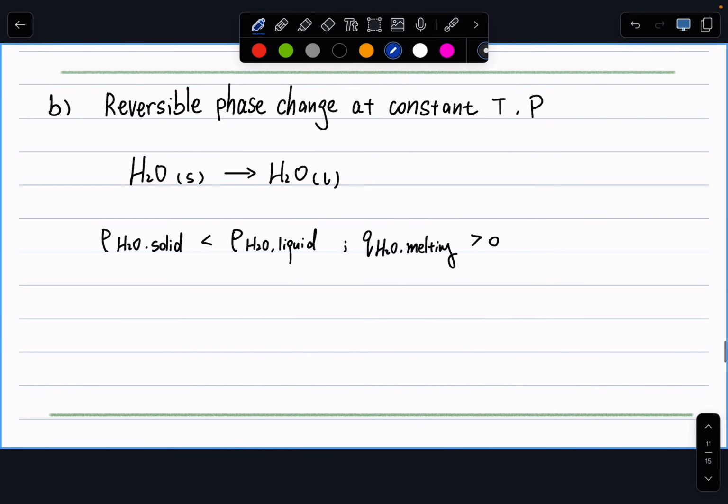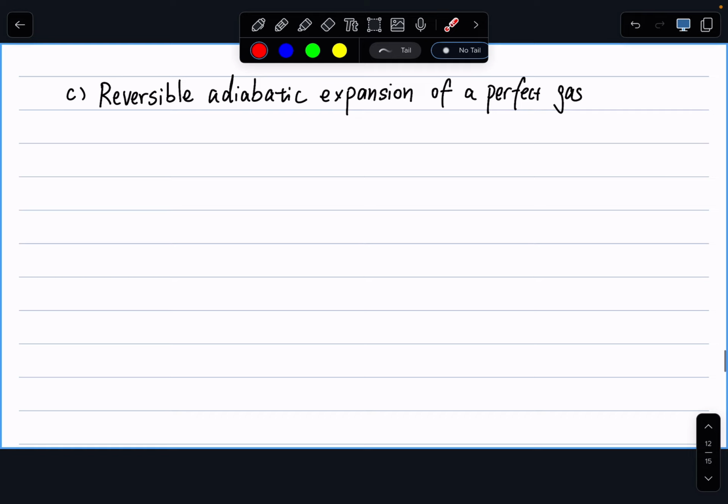Next up, let's skip number B because this is effectively the same thing. The only difference is the density of the water solid is smaller than the density of the liquid, so one of the things is changing, but the rest of the story stays the same. Let's look at the reversible adiabatic expansion of a perfect gas. This we went over together, right?